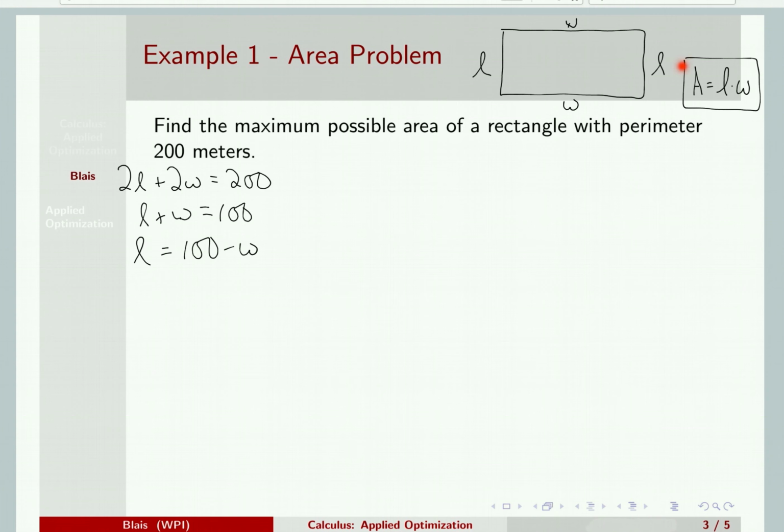We can then plug that into our area function, and we get area as a function of W is (100 minus W) times W, or 100W minus W squared. So this is our objective function.